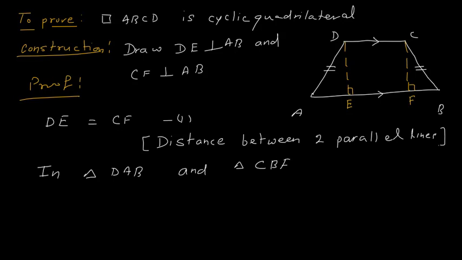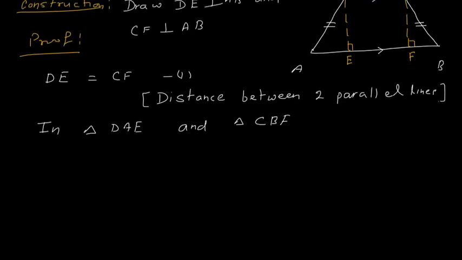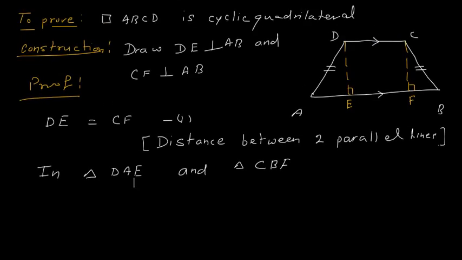Now in these two triangles, DAE, not B, I will take DAE. In triangle DAE and CBF, first we discuss angle E is equal to angle F, this is each 90 degree, right?